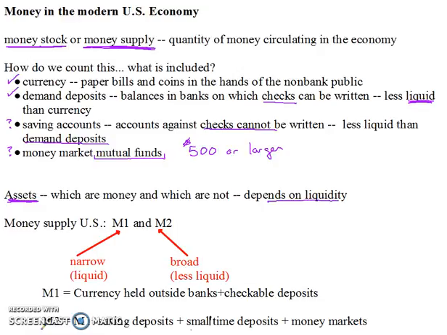The first one is to say the money supply is M1. It's all the currency and checking deposits all added together that people can then use to go buy goods and services. Or we say it's the M2 money supply, and the M2 money supply includes everything in M1 plus some of these less liquid things, but they're still available for us to go out and buy goods and services.